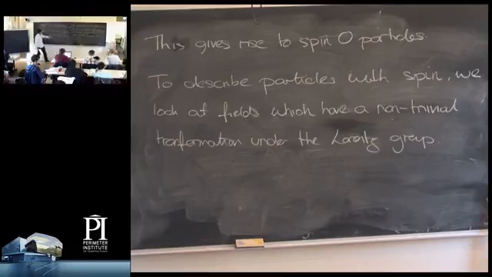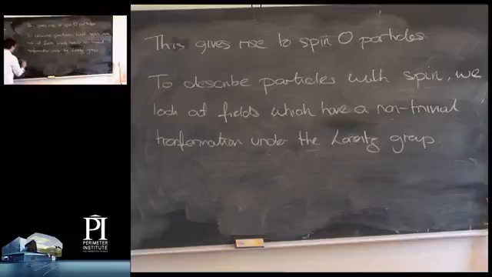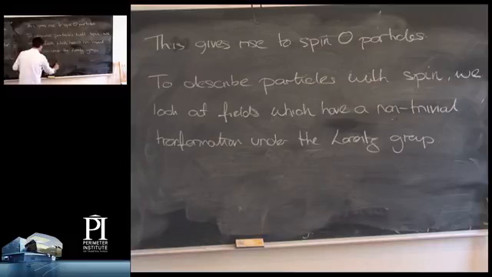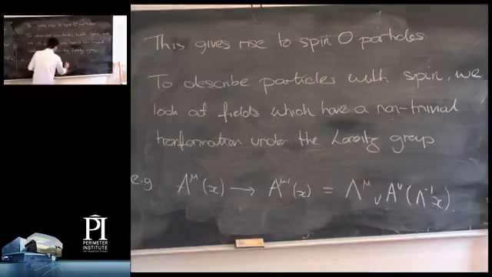So what do I mean by a trivial transformation? By trivial, this is changing because the space is changing, but the components of the field aren't doing anything special, and that's because there's just one component and it can't really do anything. An example of a non-trivial transformation that you know already is the gauge field of electromagnetism.